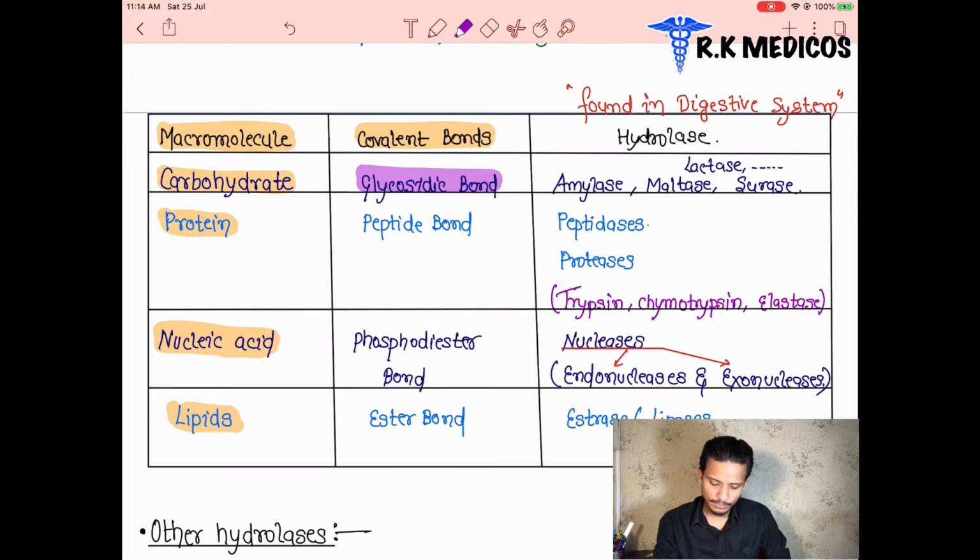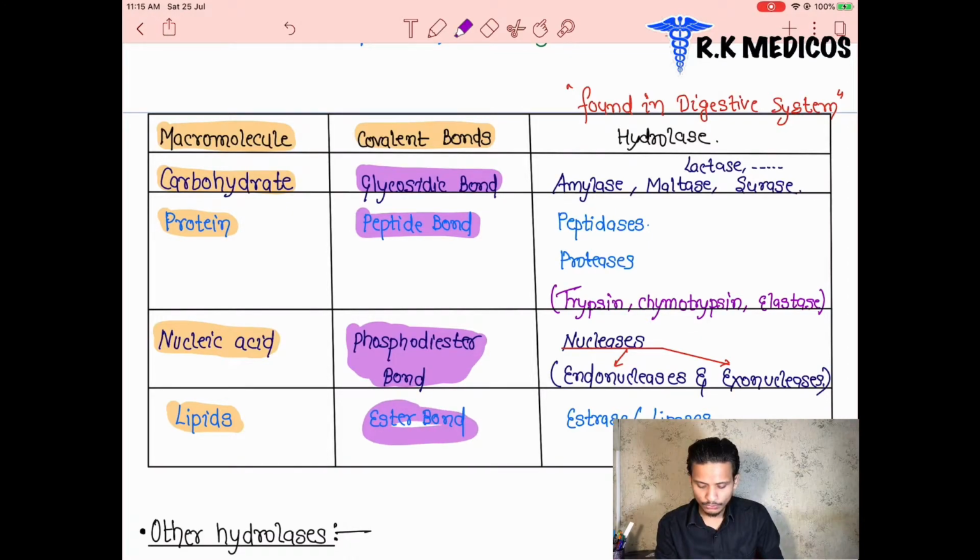Next, in the protein, the peptide bond is a type of covalent bond. In the nucleic acid, the phosphodiester bond is a type of covalent bond. In the lipids, there is the ester bond. You have to know these bonds by heart, and these bonds are covalent bonds present in the macromolecules. The hydrolase enzymes break these bonds.